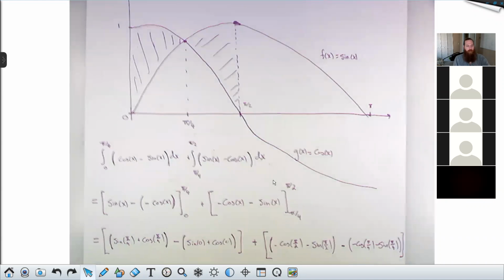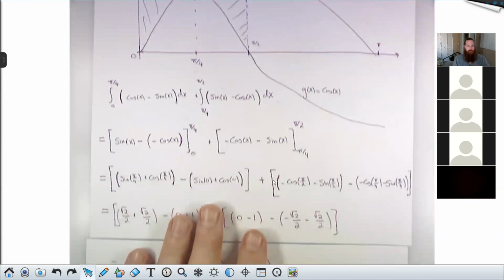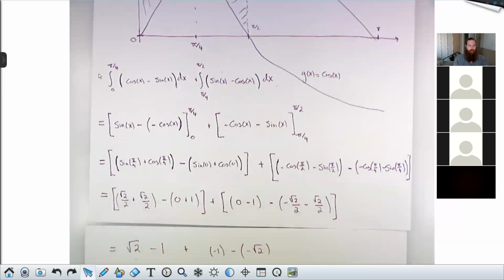Okay, any questions on the antiderivative step? So any questions on passing from this to this? Yeah, I see something in the chat here. Question.